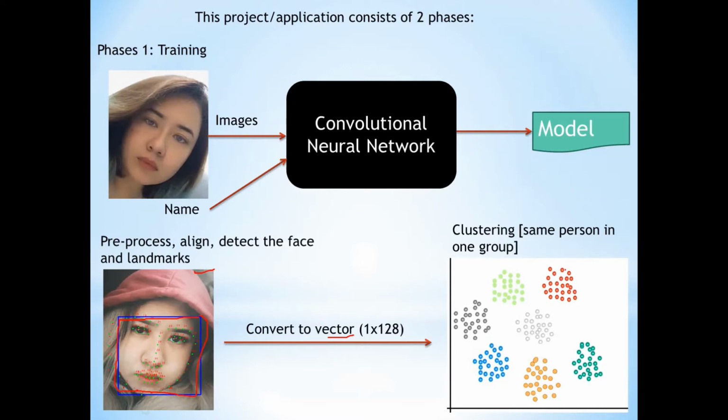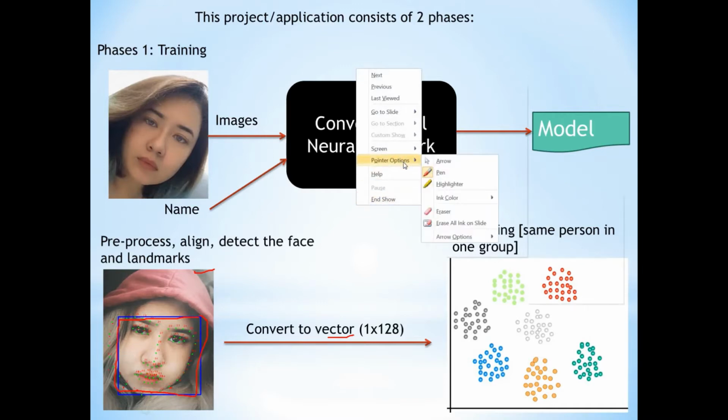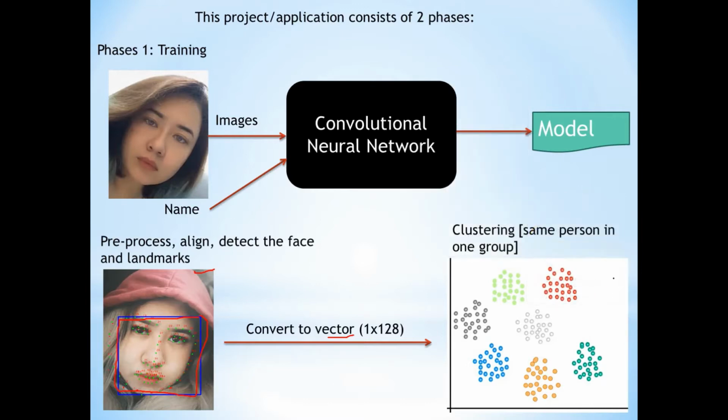For example, this is a new one that's not the same as any of the other information, so it will be clustered. Let me change the pen color. It's black. Okay, so let's say it will be clustered here. This is a new person because it is not the same as any other person or identity we trained before.